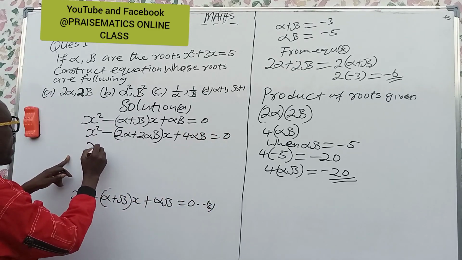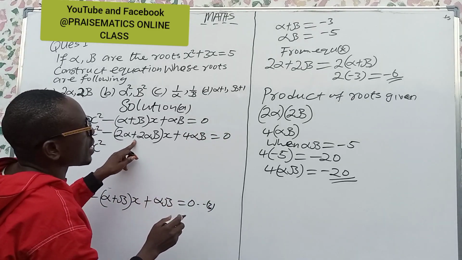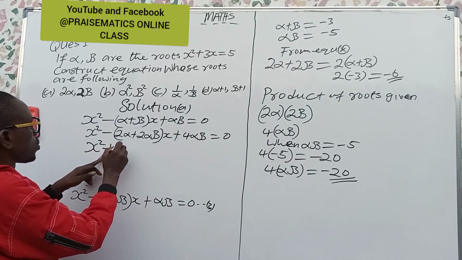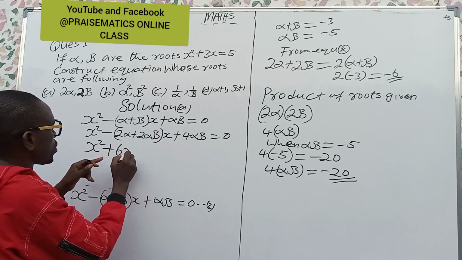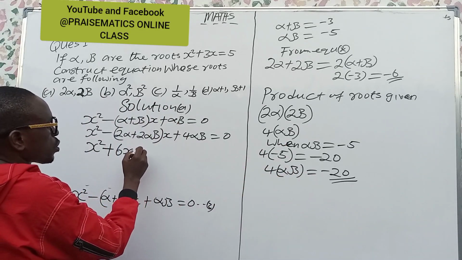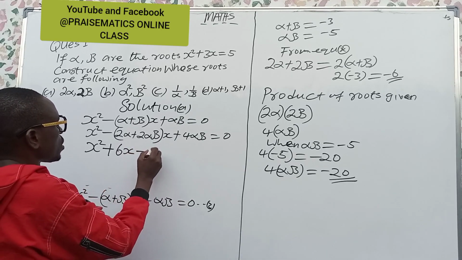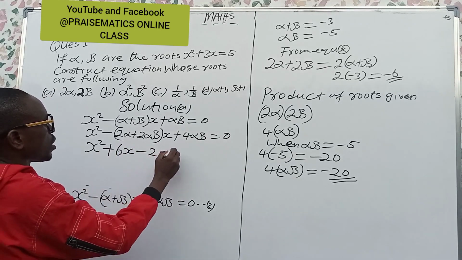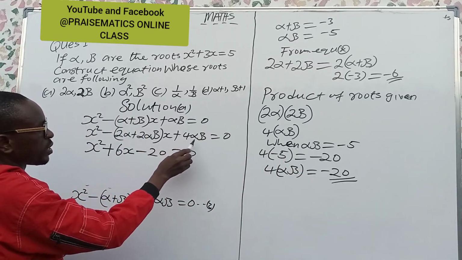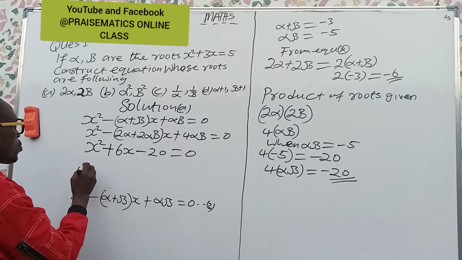The sum is minus 6, so minus minus 6 turns to plus 6, which is 6x. Now we have plus minus 20, equal to 0.